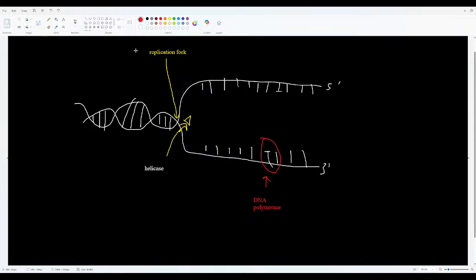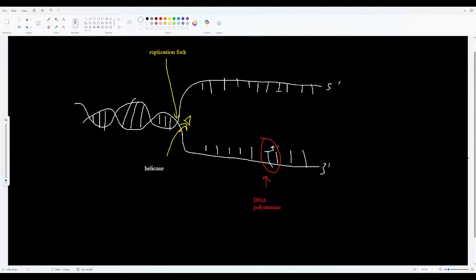So with everything that we've said in mind, we can now proceed with how this is going to occur, right? DNA polymerase creates DNA nucleotides in the 5' to 3' direction. If you remember, down here we have the 5' end, right? That's the direction of the DNA, so it's going to be the opposite direction up here.